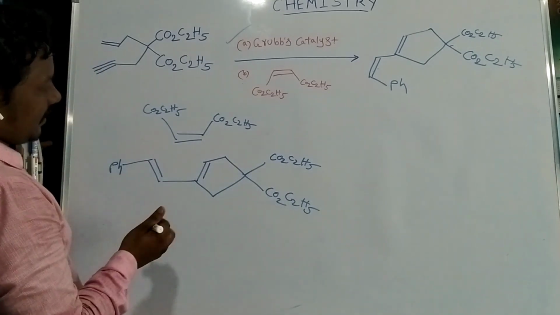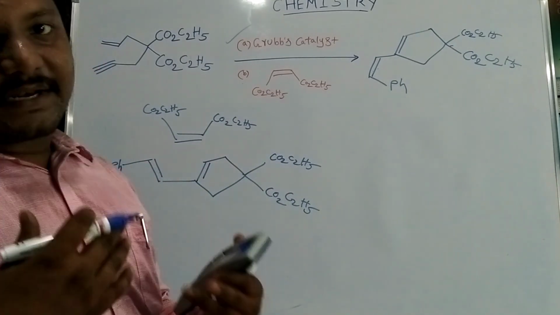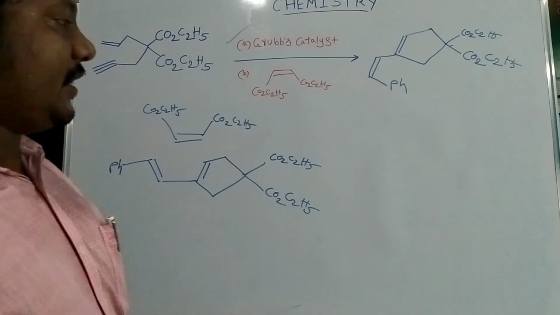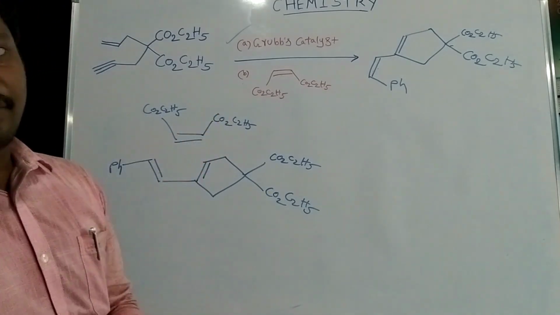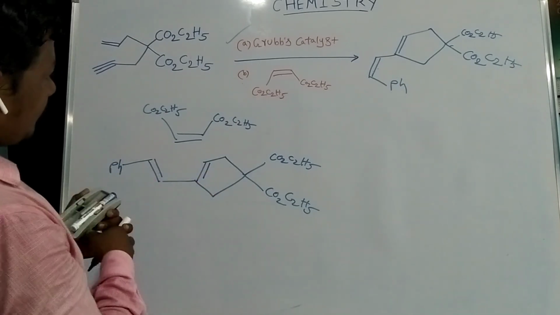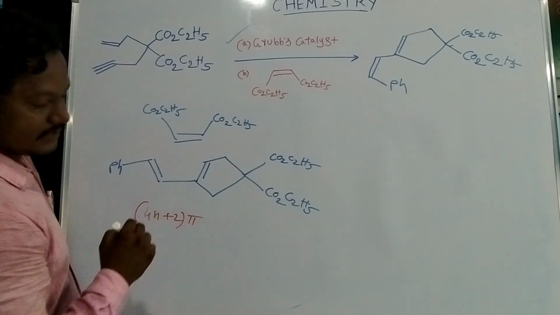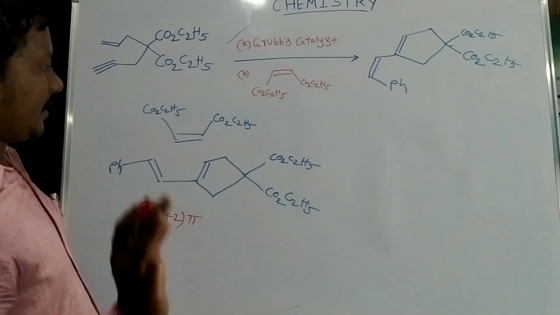This is like a 4π plus 2π. What is the Diels-Alder reaction? Dienes react with dienophiles. Here what is given? A cis dienophile. This is 1,3-butadiene. Again like 4π plus 2π addition.